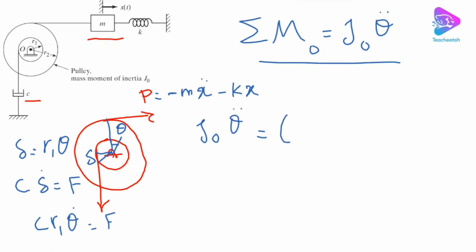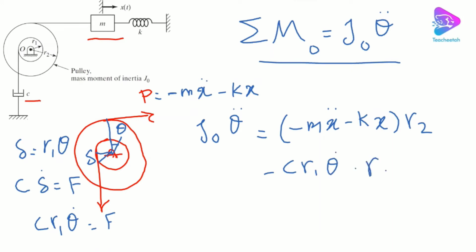So we have minus mx double dot minus kx times R2, right? And then we have the force of damping, minus C R1 theta dot, times the arm of moment, which is R1, right? Because for this force, this is the R.